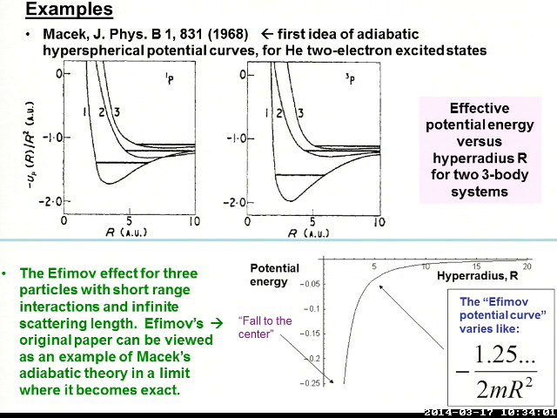Just to give you a few ideas of what happens when you do this diagonalization and you get the hyperspherical potential curves. This was the first study of Joe Macek that introduced this method for 2 electrons in a helium atom. And one nice thing that came out of this study was a very simple interpretation of the main experimental result back in the 60s, which was that in photoabsorption studies of helium near the doubly excited states, there was one dominant channel out of 3 near the n=2 threshold that could have possibly been observed.